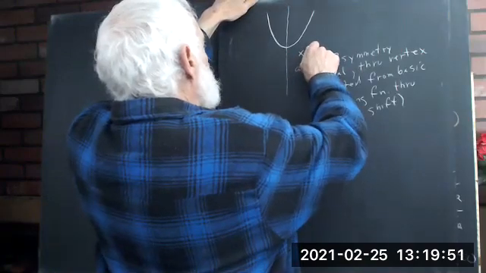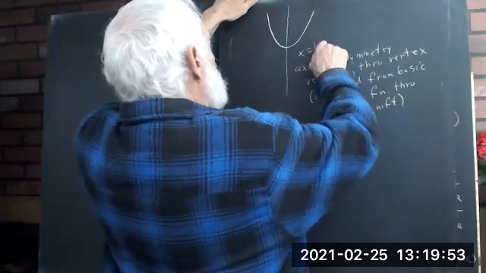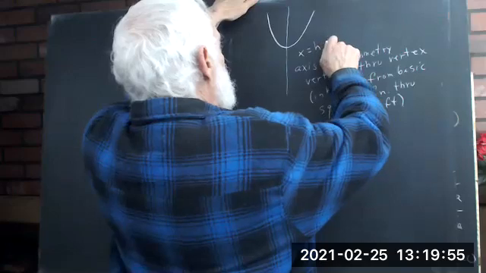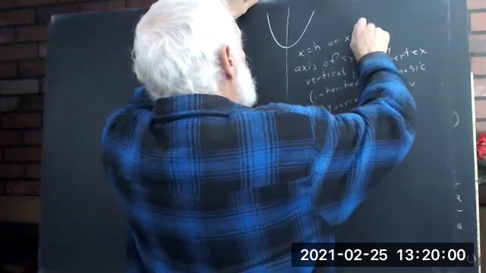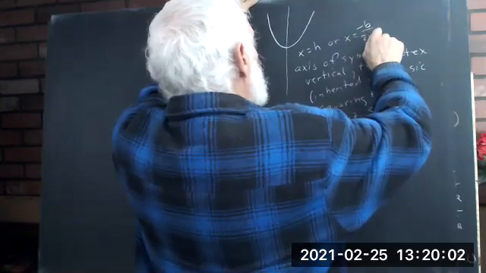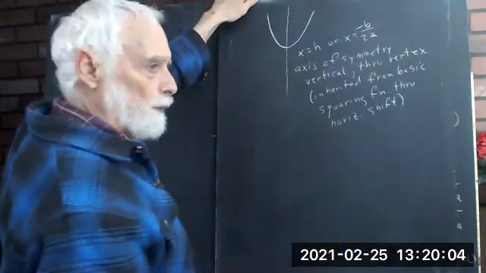And that is x equals h, or x equals negative b over 2a.